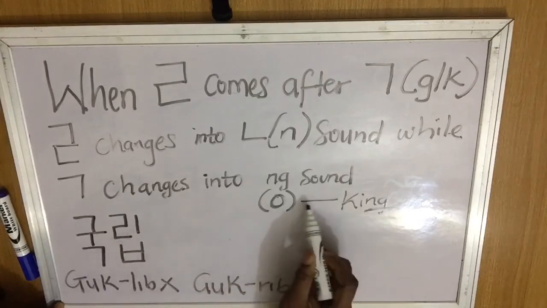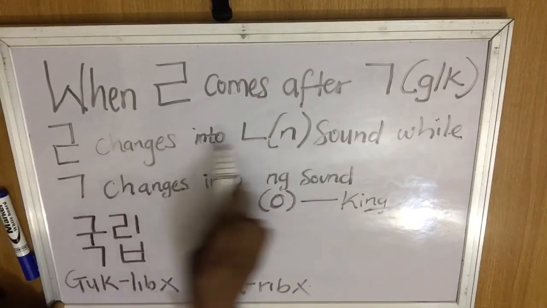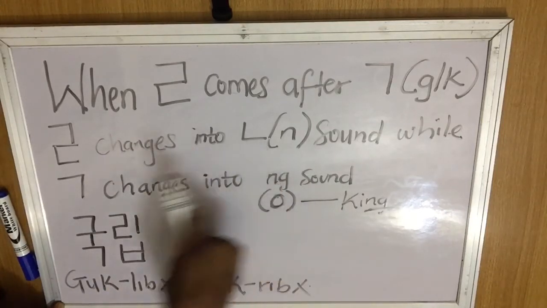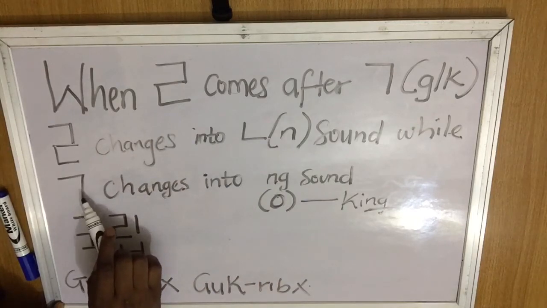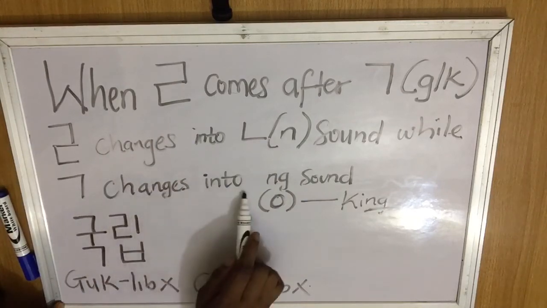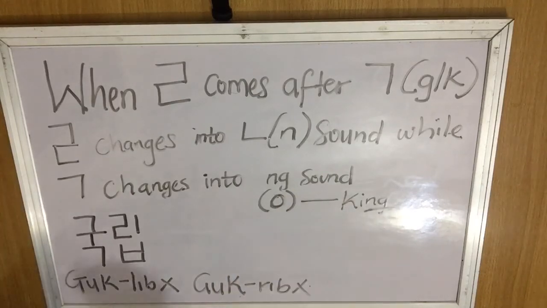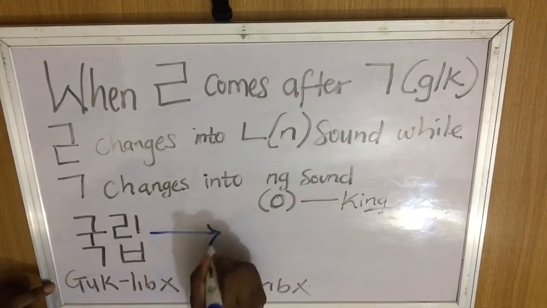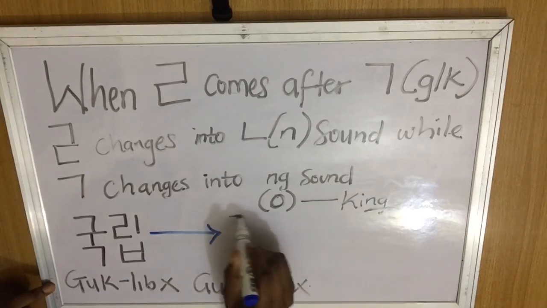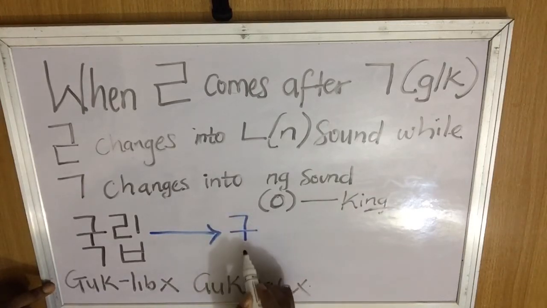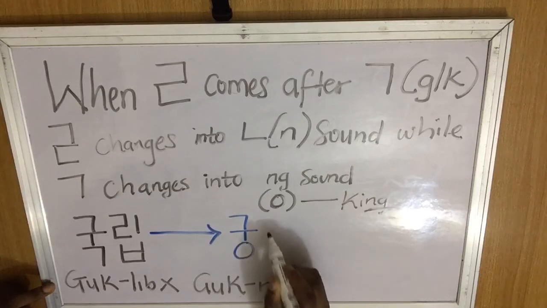So if we're to apply this rule, lir changes into an N sound and gyok, the G sound, changes into an NG sound like in king. So we are going to pronounce this as gung nip.